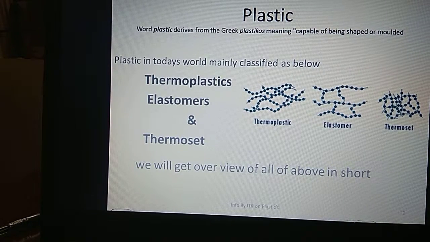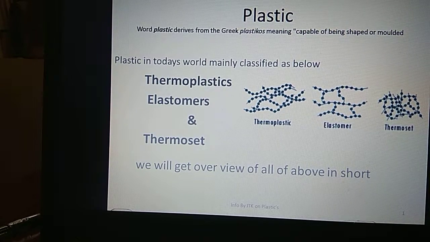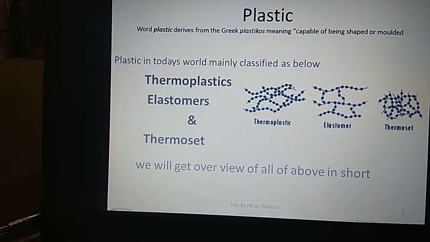At a basic level, these are the three major classifications: one is called thermoplastic, another is called elastomers, and one more is called thermoset plastic. In the dotted view, you see three small pictures which give you an overview of the molecular structure of each of these plastics.